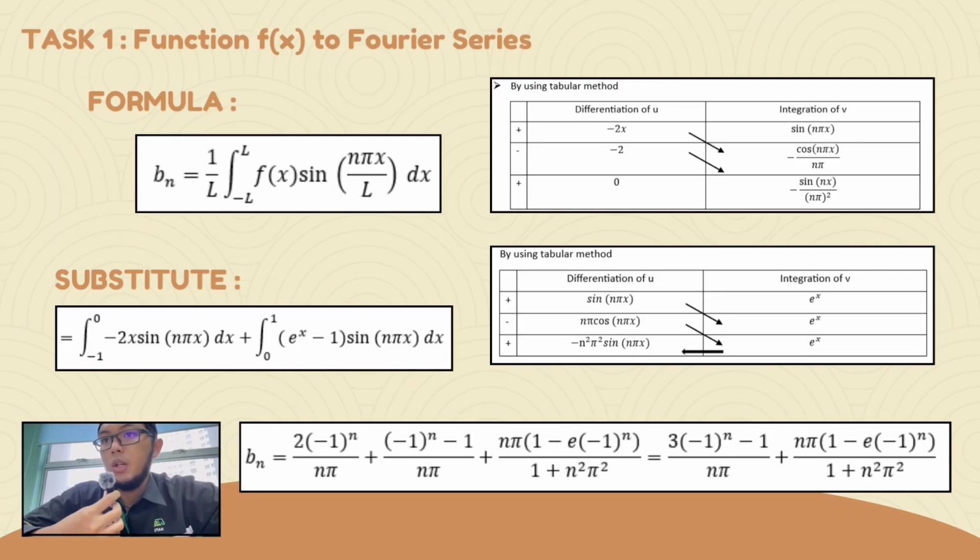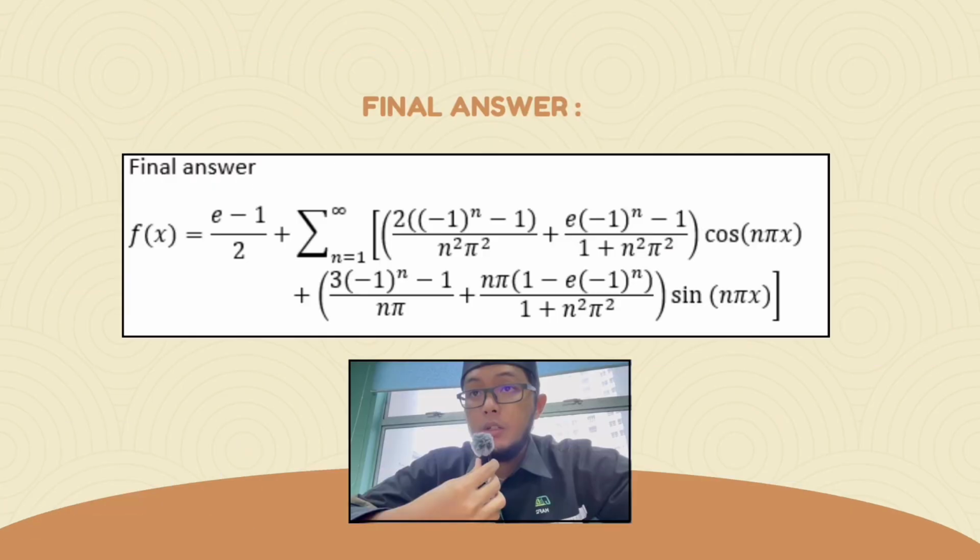So we will get this bn expression. Since we have two different functions here, we need to use the tabular method to solve it, and then we get this lengthy bn expression. After we simplify the expression, we will get this here. So this is the final answer for our question.